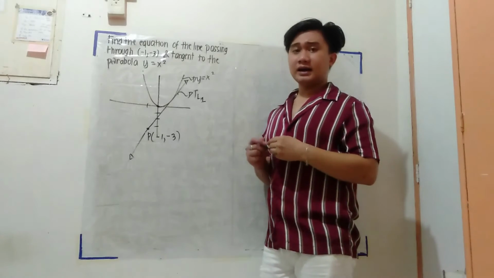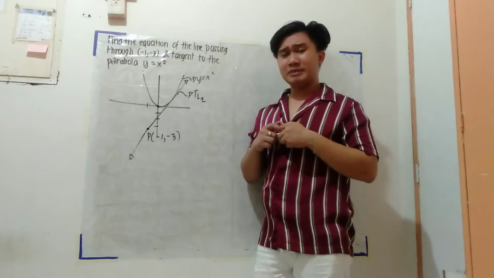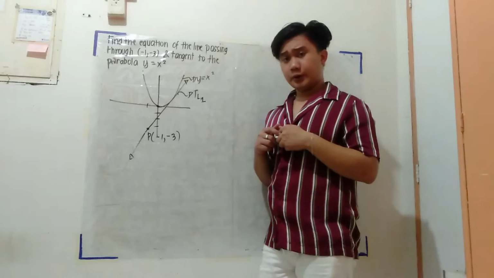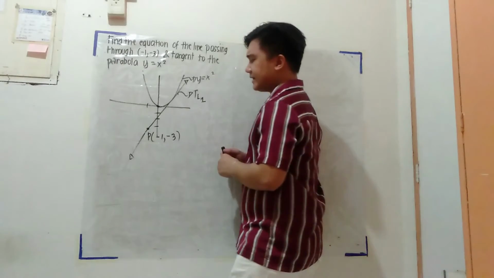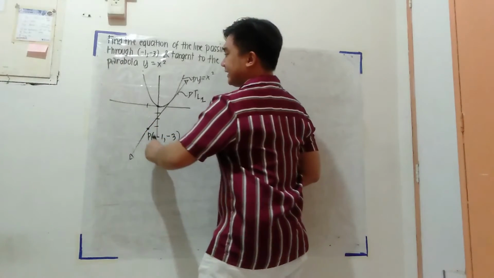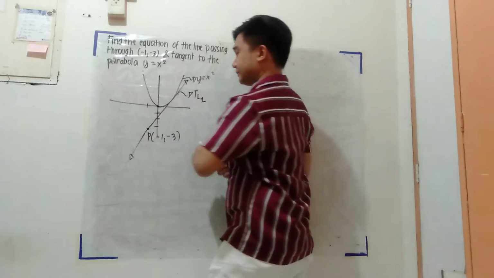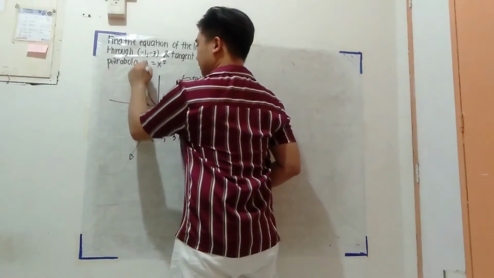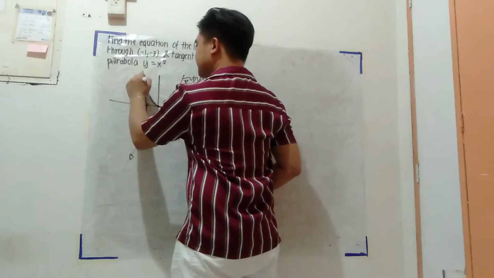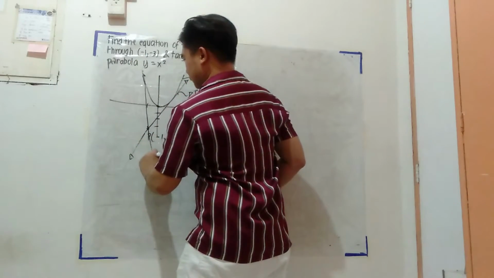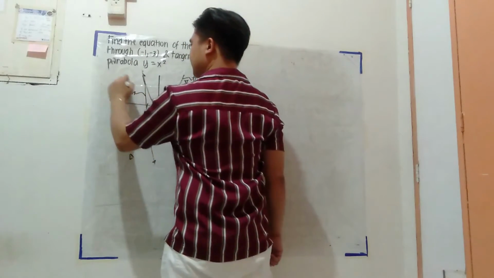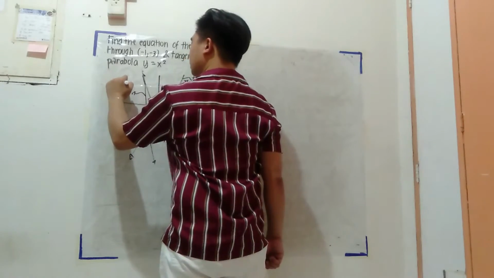Bakit line 1 lang? Meron din bang line 2? Opo. Kasi kung titingnan mo guys, pwedeng may linya ka na dito naman dumaan, at tangent pa din sa curve natin. So, this is tangent line 2.